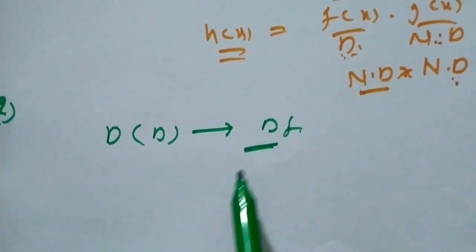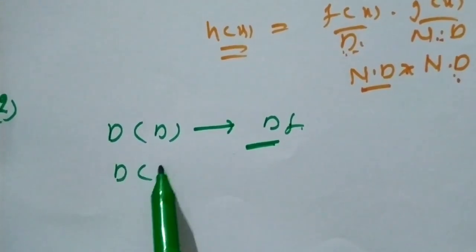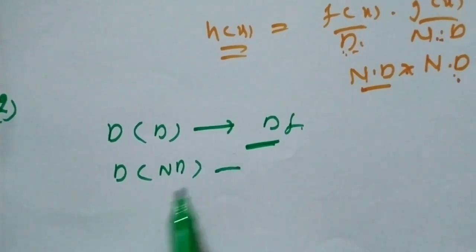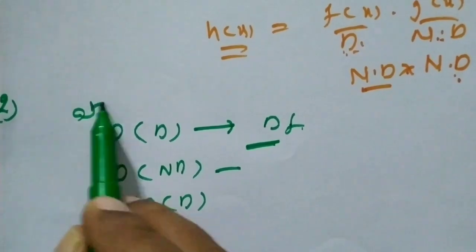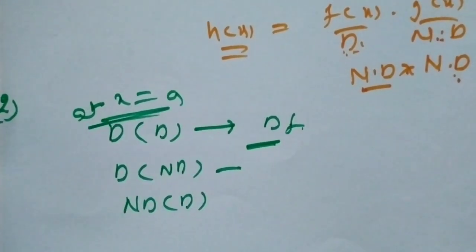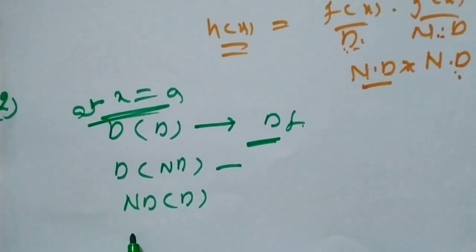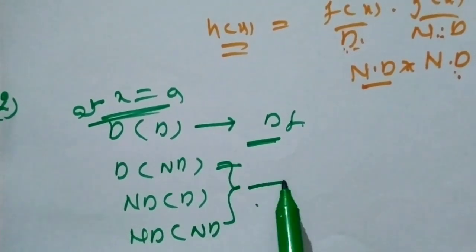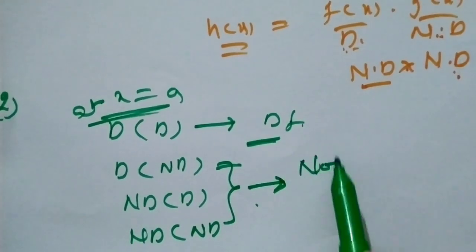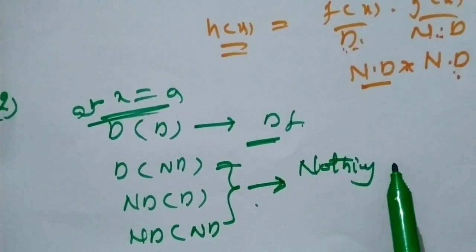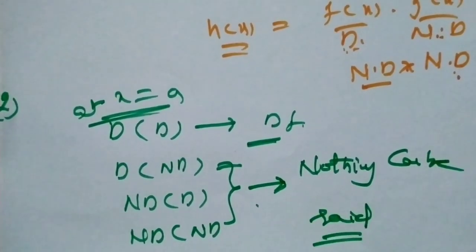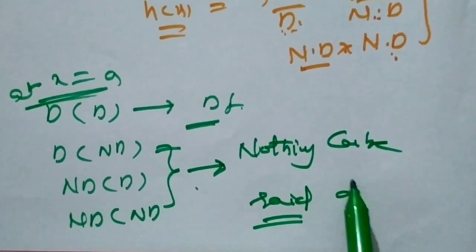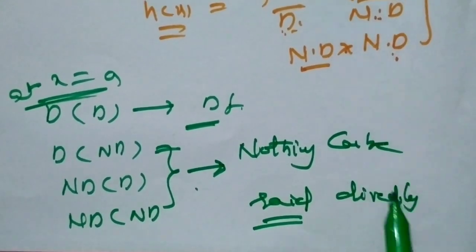But a differentiable function of a non-differentiable function, or a non-differentiable function of a differentiable function at the point x is equal to a, or a non-differentiable function of a non-differentiable function, cannot be said directly to be differentiable or non-differentiable. Nothing can be said without verification.